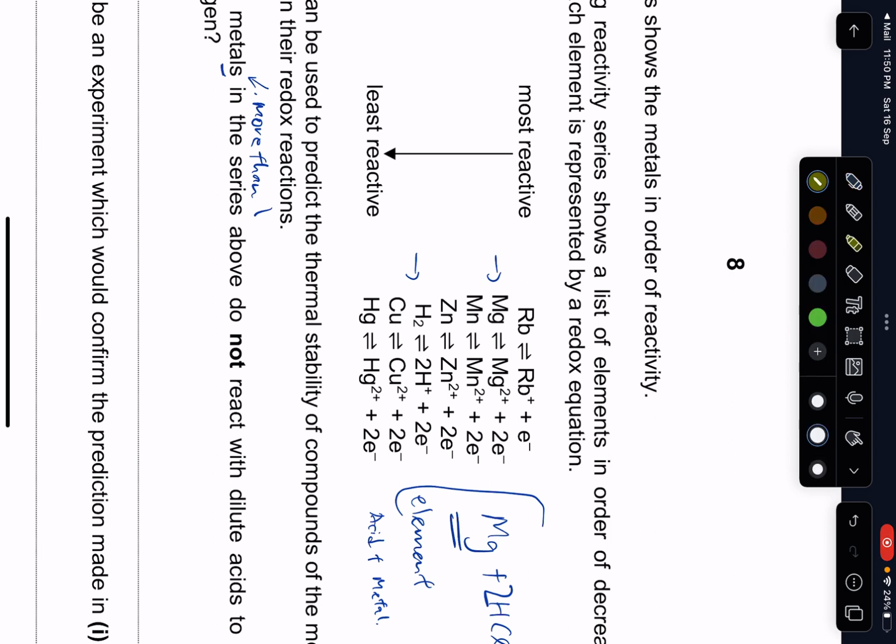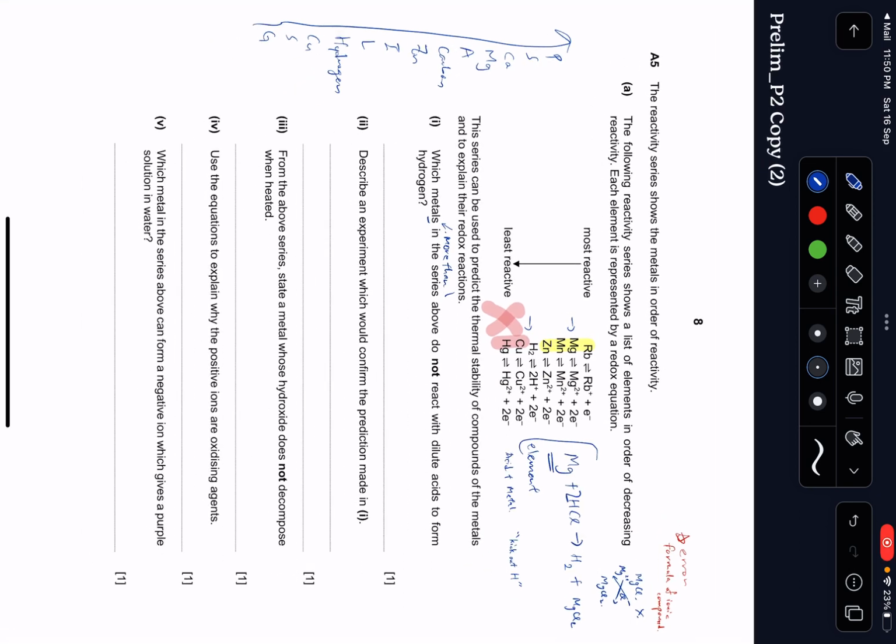If you realize, these 4 metals are above H, means these metals can react with acid. They can kick out the H and replace it. So the metals in red, no go. They are less reactive. They cannot displace it, they cannot react. So the answer here is copper and Hg.